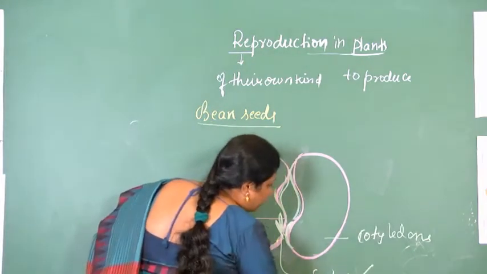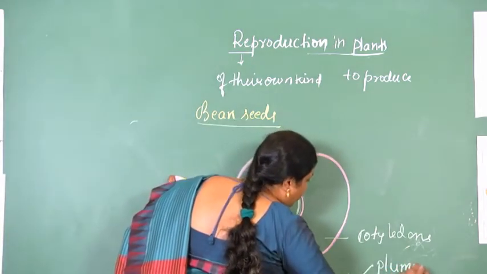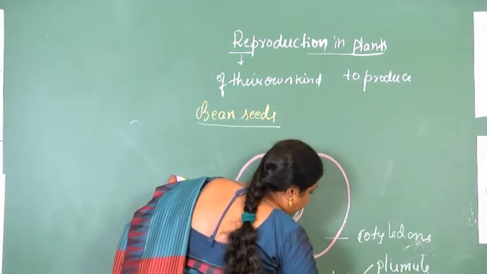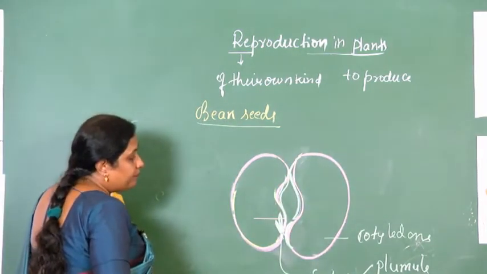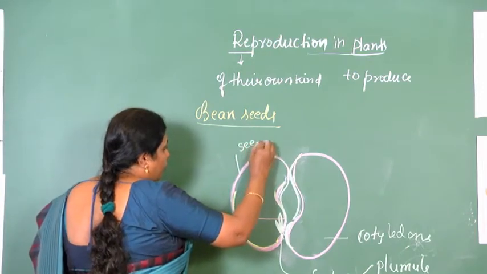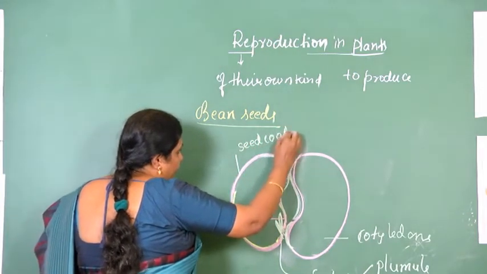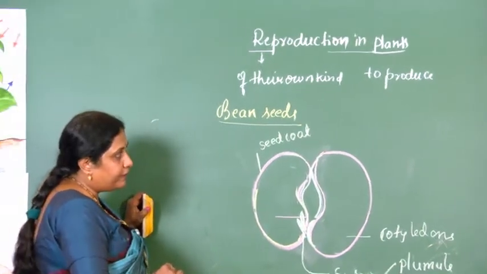This embryo consists of two parts. One is the plumule, another is the radicle. Okay. That is the seed coat. The outer part is called the seed coat.